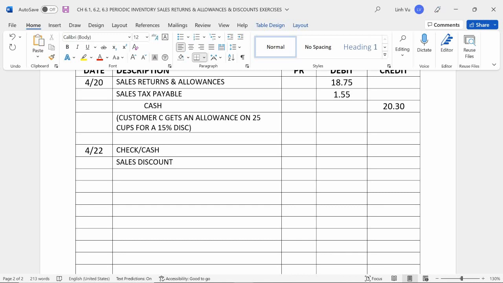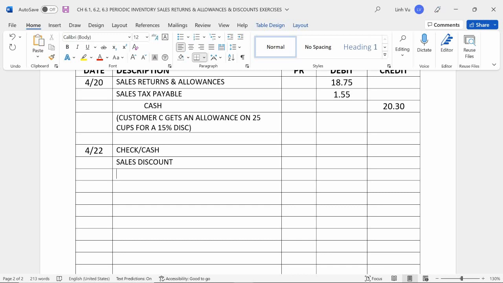Because when we charge them on an account, what did we charge at full price? We charge sales tax at full price, right?